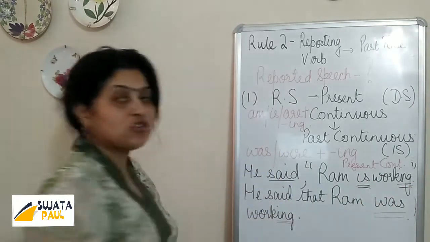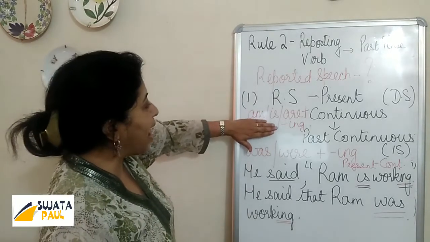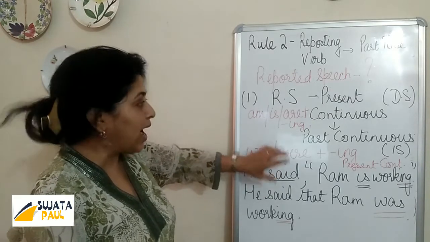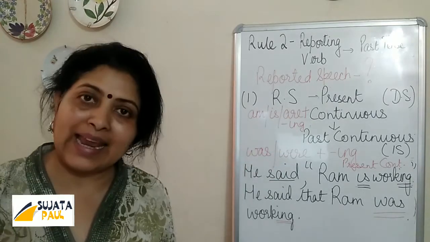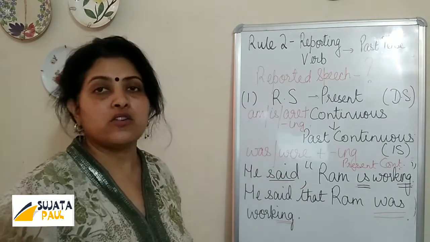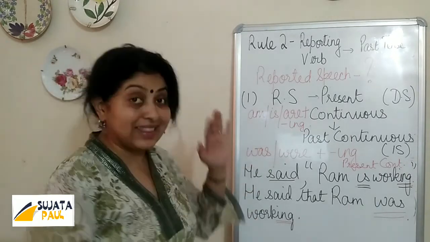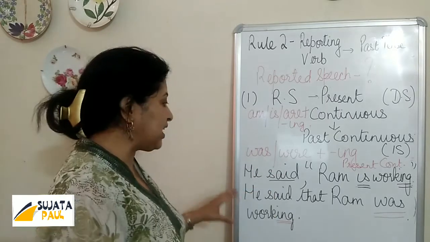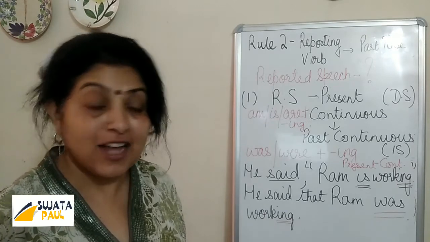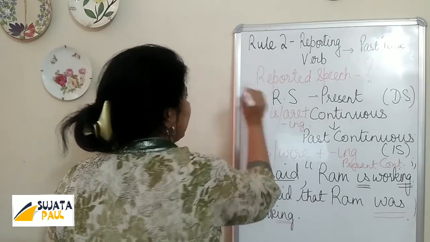So is changes into was because the present has to change into past. So when you have am or is, it will change to was, and are will change into were, and the ing word will remain ing, right? So he said, Ram is working, becomes, he said that Ram was working. So this was my second one.